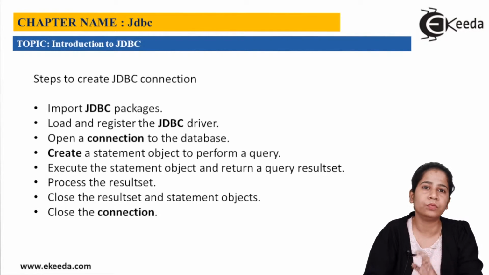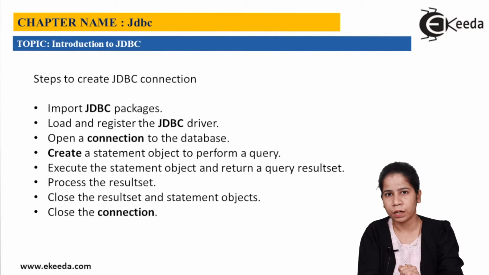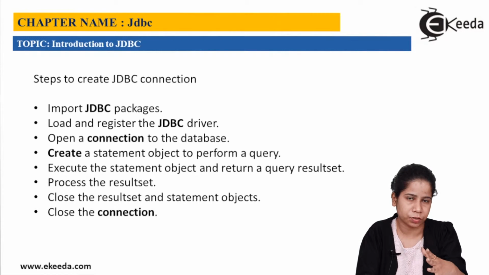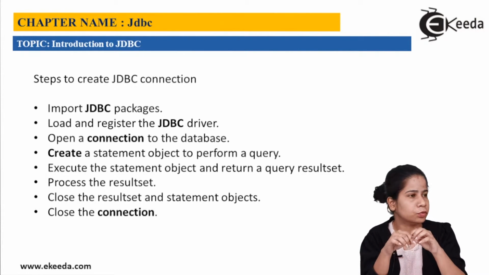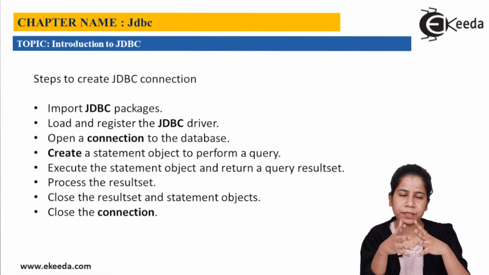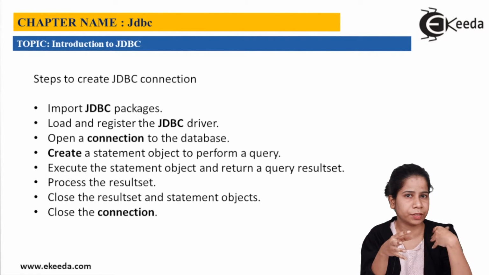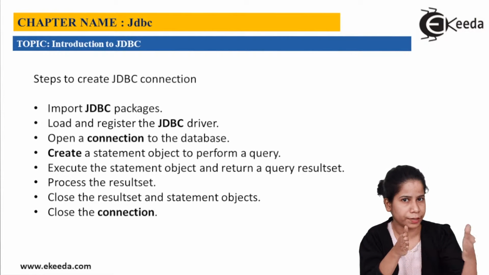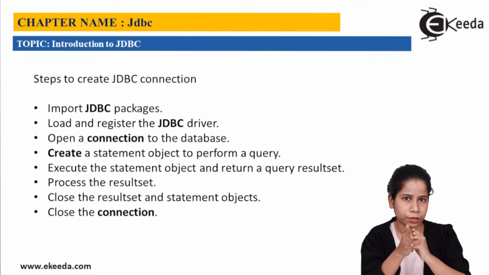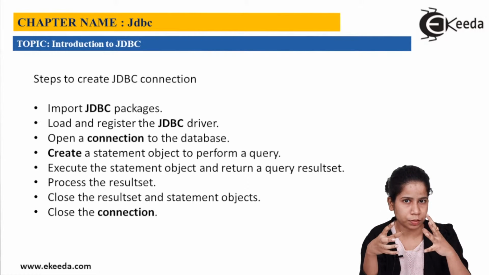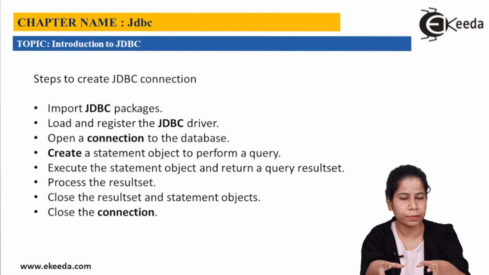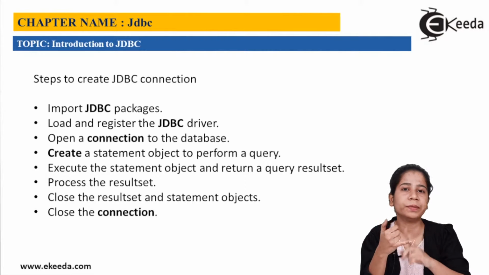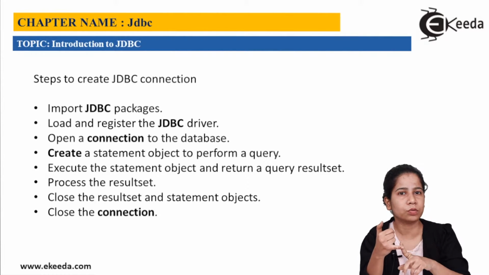One thing you have to understand: we have created the connection, which is like a link to the database. It is an object, and at the end everything is an object in Java. So this link is also a Java object. Once my purpose of interacting with the database is completed, we have to make sure that we close it.